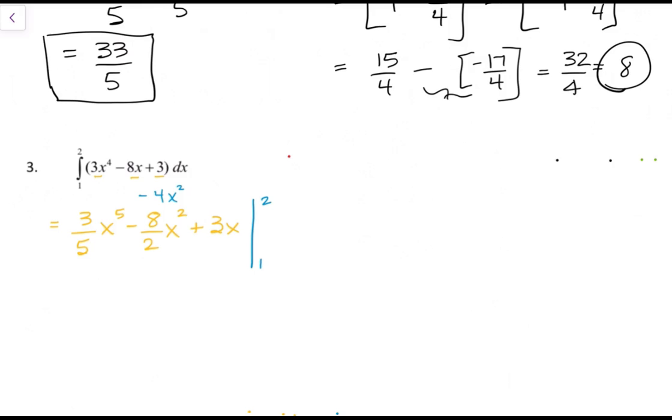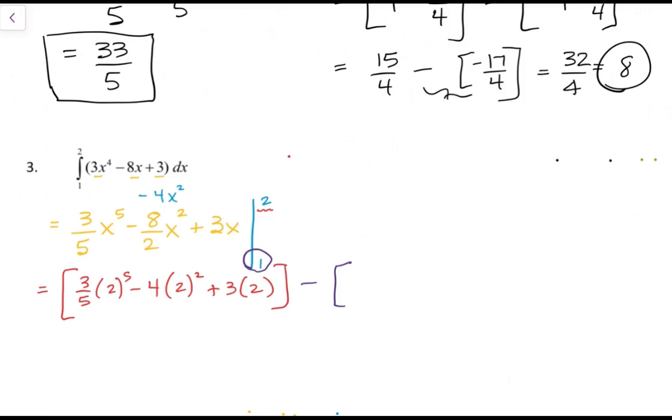Okay, so we start now by first plugging in the upper limit of integration. So everywhere I see an x, I'm going to replace it with 2. So I'm going to have the 4 there, 2 squared, plus 3 times 2. And then we want to subtract from that what we get when we plug in the lower limit of integration.